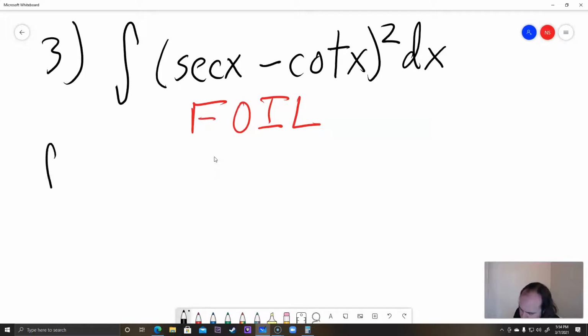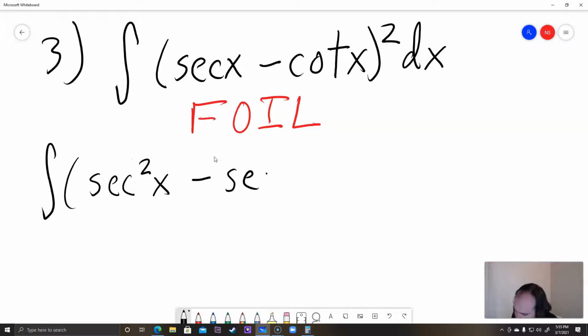Okay, so we're going to have the integral of, the first is going to be secant of x times secant of x, which is secant squared of x. Okay. The outer is going to be secant of x times negative cotangent of x. Okay, so we're going to have negative secant of x cotangent of x.